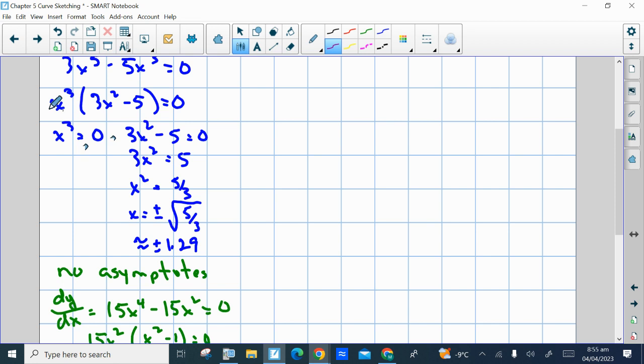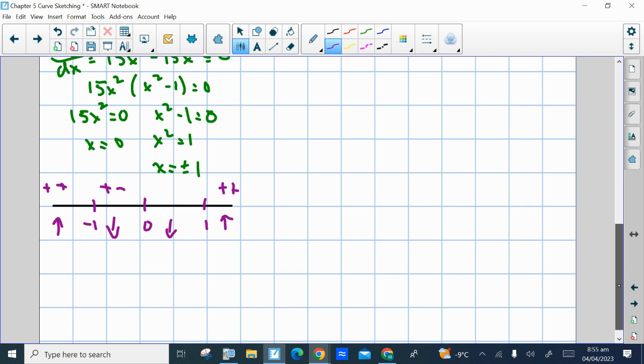Because you see, when we factored the original expression, we had a factor of x cubed. And remember in 30-1, we learned that when a factor is cubed, that has a multiplicity of 3, there's a point of inflection there. We will confirm that using the second derivative, but we did learn about that in 30-1.